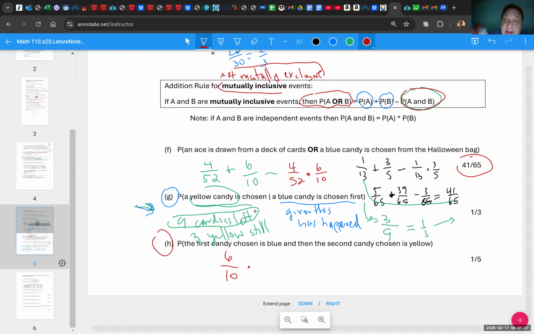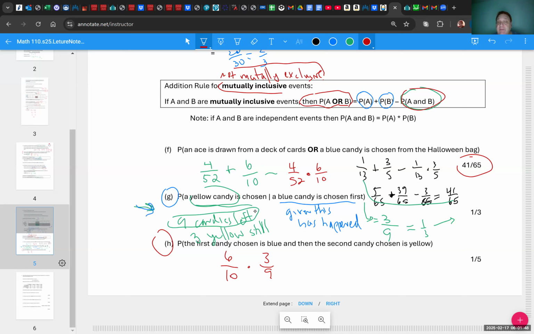But we just did that, right? That was our 3 out of 9 thing, right? We know that the first candy is blue. So there are 3 yellows still in the bag out of 9 possible candies. So 3 out of 9. So we're using basically our answer in G to help us do H, because they are a different thing. Probability of H means they both occur.